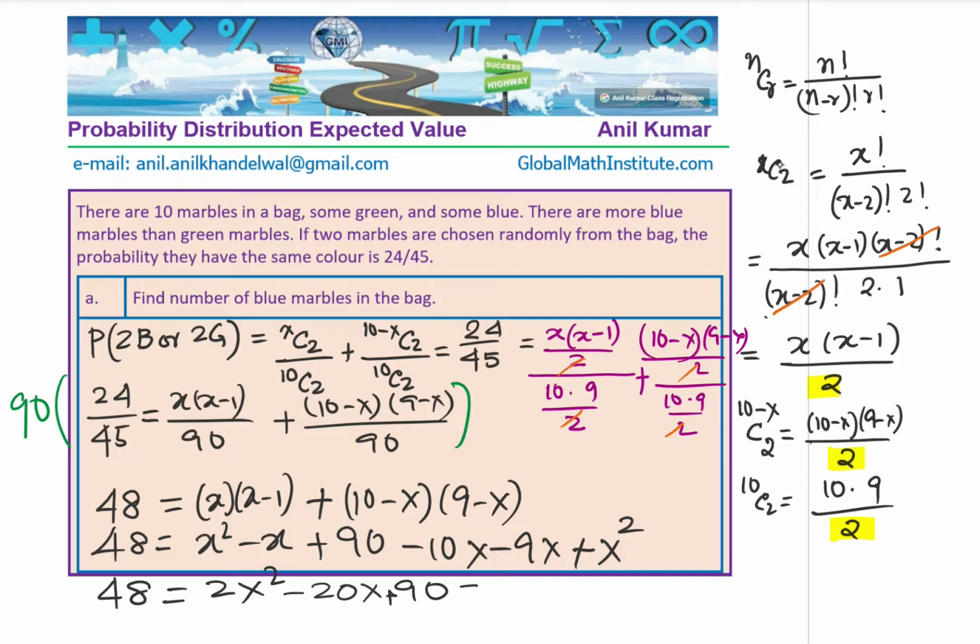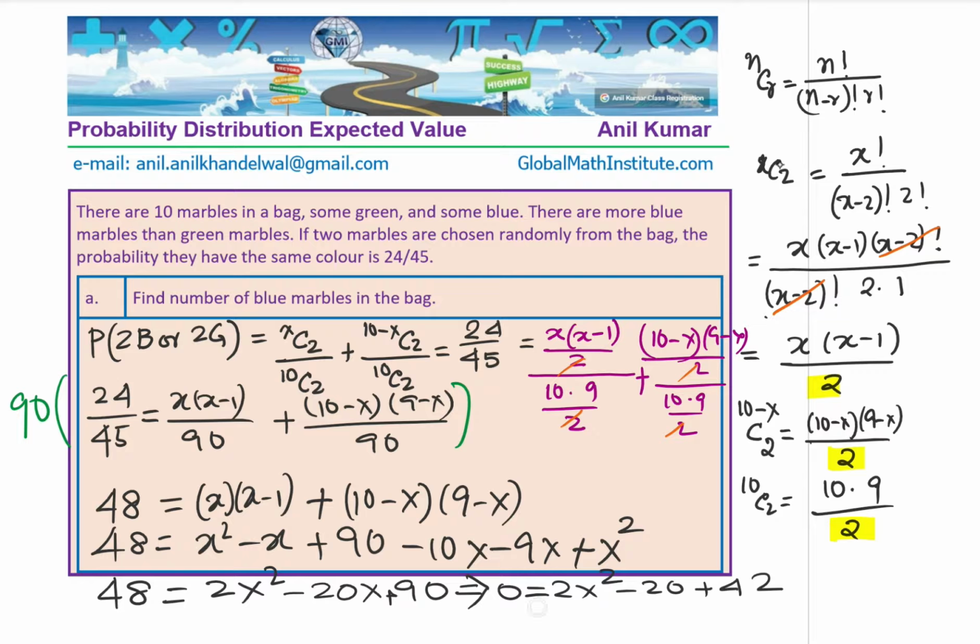We will now simplify this. We can write this as 0 equals 2x squared, bringing 48 to this side, minus 20x, plus 90 minus 48, which is 42, equals 0.